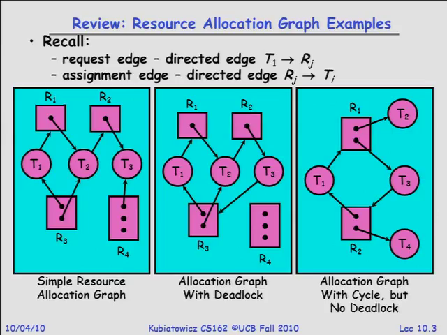Now, how can you tell whether there's a deadlock or not here? What do you have to do? Yeah. Remove the threads that can finish, and then what? So you skipped a step. Remove the threads that can finish.